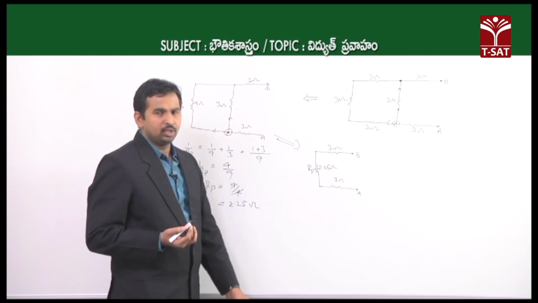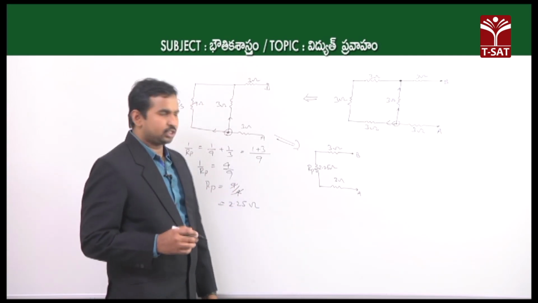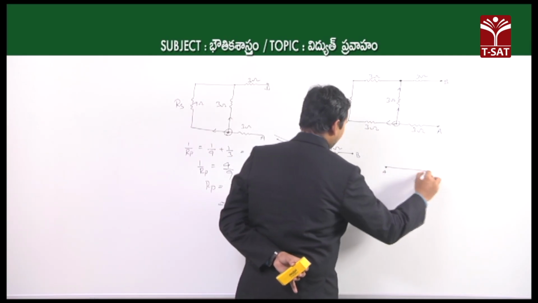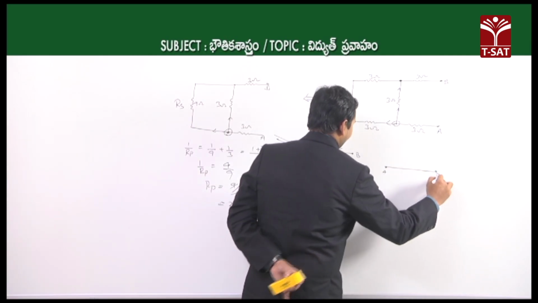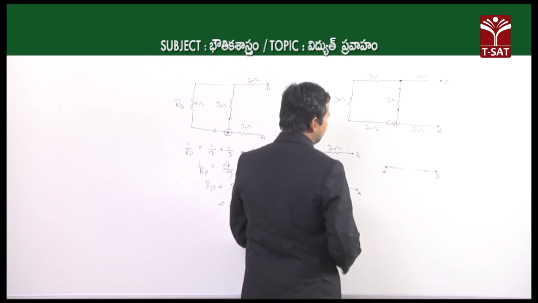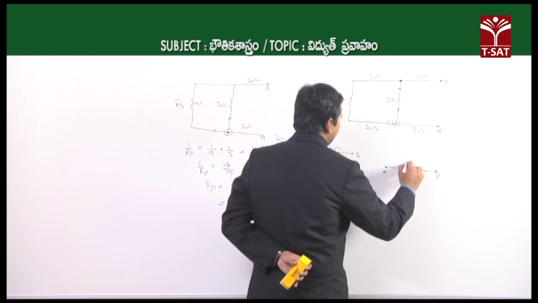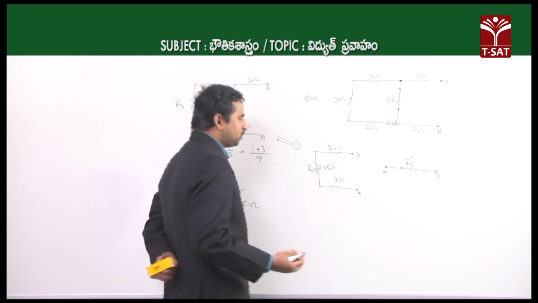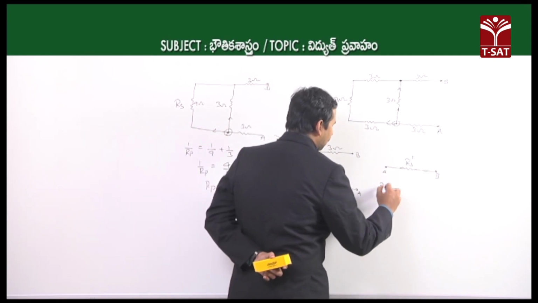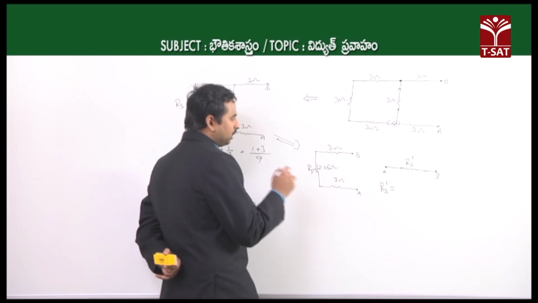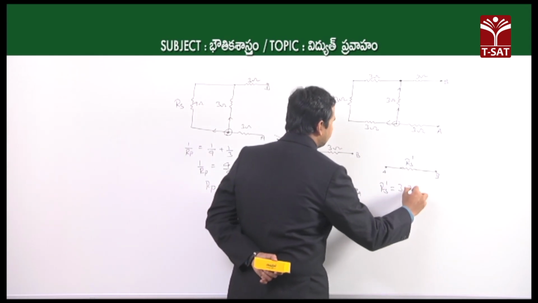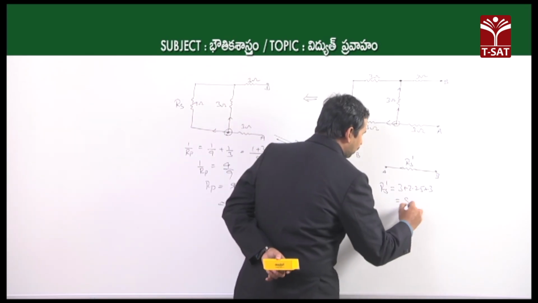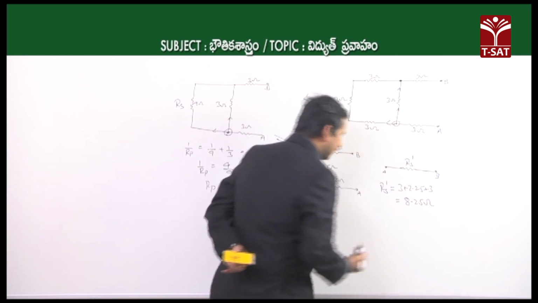Then all 3 are in series connection here, so the final equivalent resistance between A and B, which we call Rs dash, is simply the sum of all 3: 3 plus 2.25 plus 3, which totals 8.25 ohms.